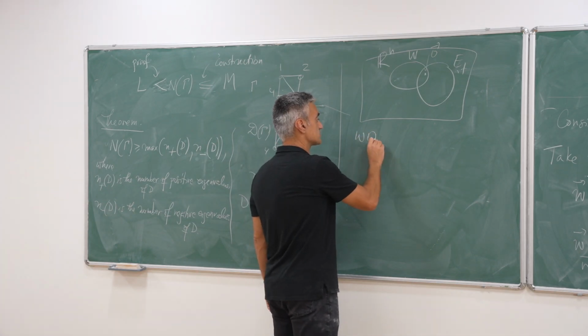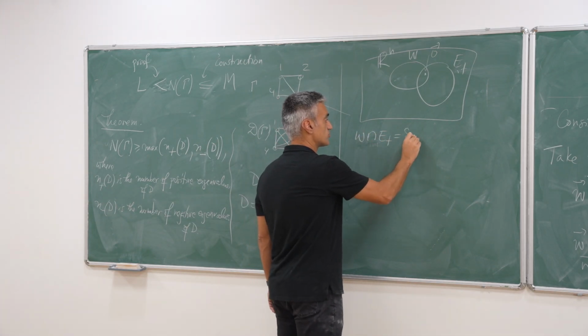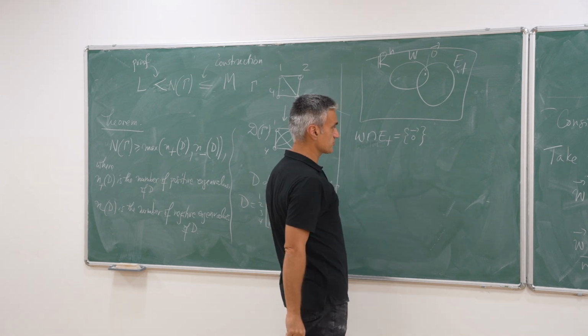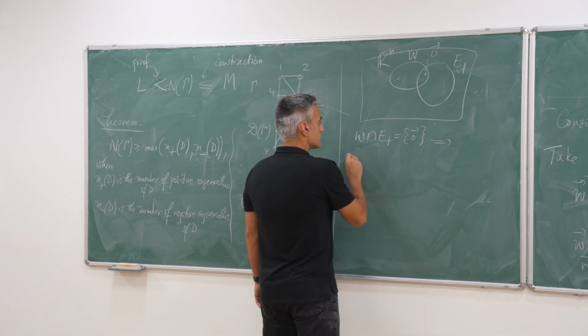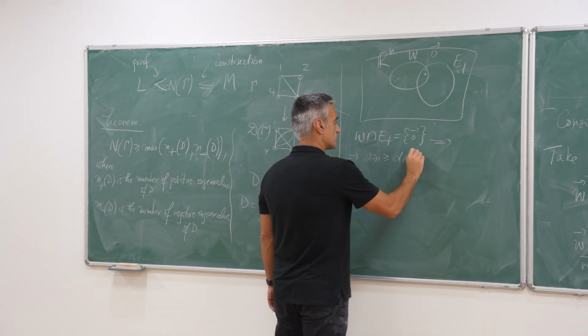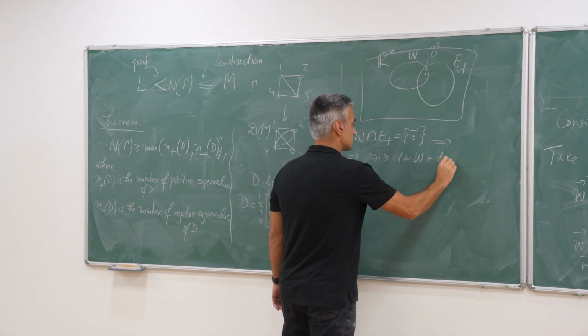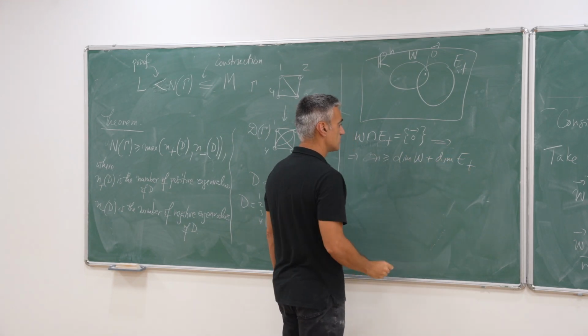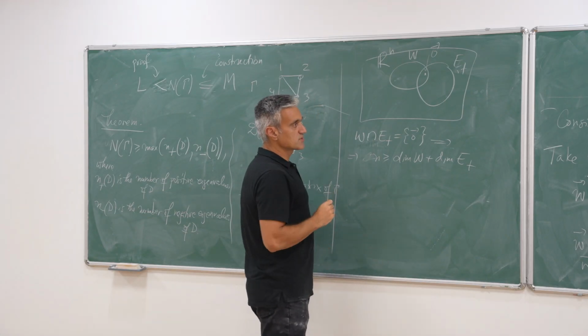Because W intersect E plus is just the zero vector, we get that n is greater or equal than the dimension of W plus the dimension of E plus.